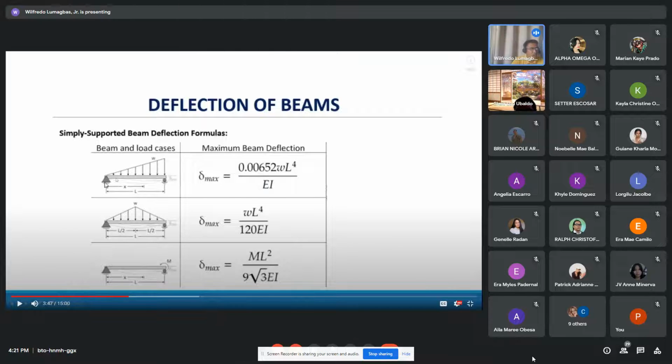And ang fourth amo ang triangular nga loading. And halin sa 0 pakadto sa highest value sang aton nga W, amo ni ang aton nga makuha nga deflection, that's 0.00652 WL exponent 4.